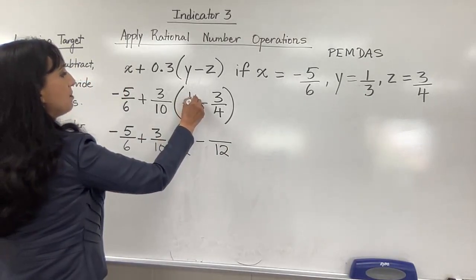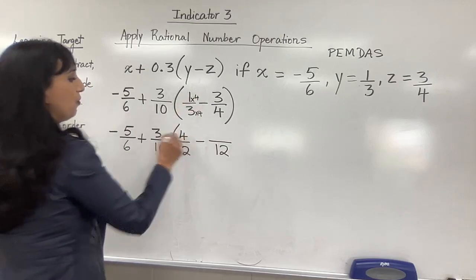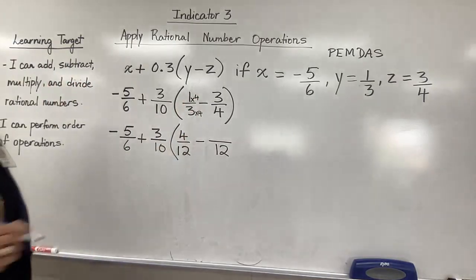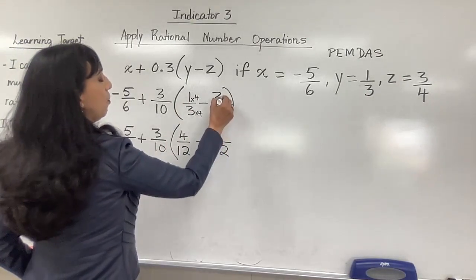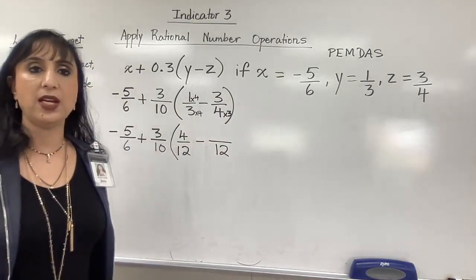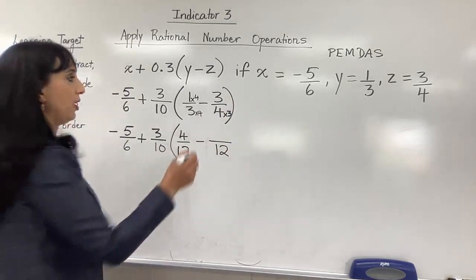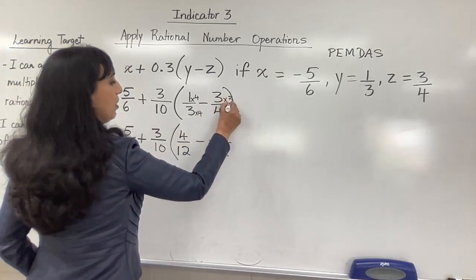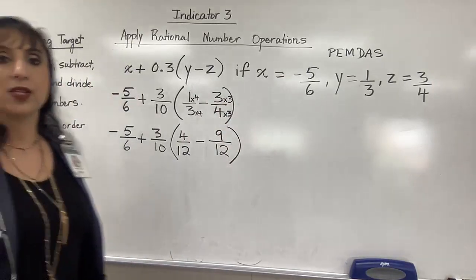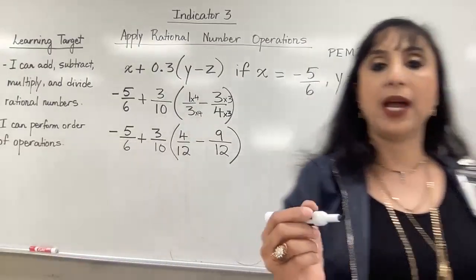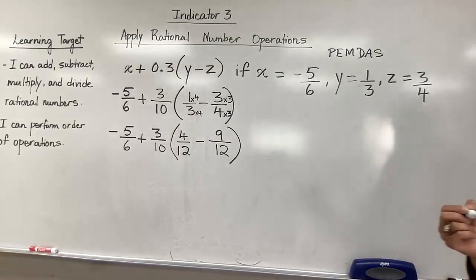So 1 times 4 is going to be 4 over here. Then I look at this one. I know that 4 times 3 is 12. Whatever I do to the denominator, I do exactly the same thing to the numerator. So 3 times 3, and that gives me 9/12. All right, so I have 4/12 minus 9/12 in parentheses now.